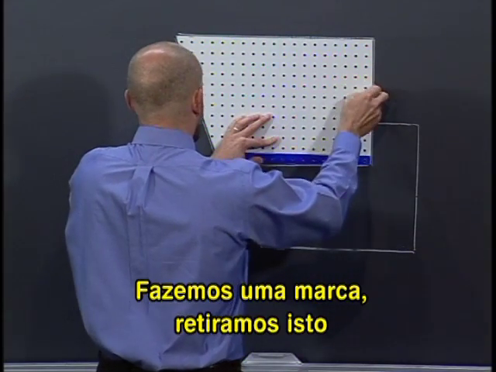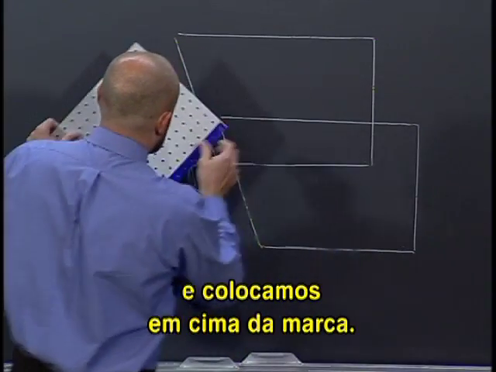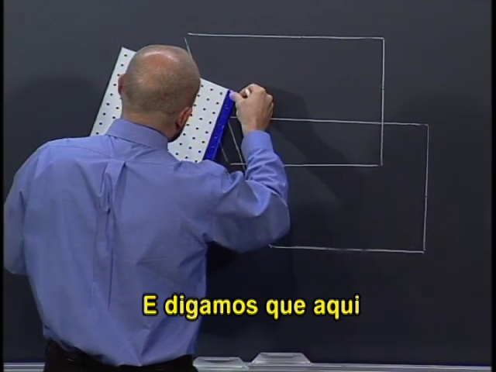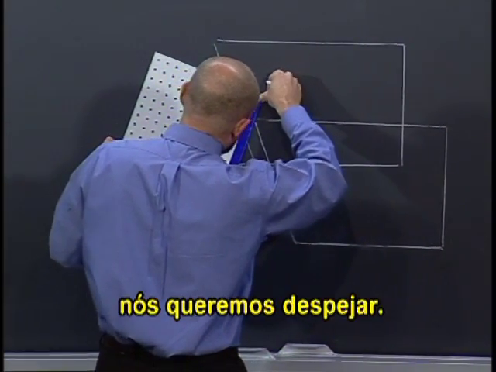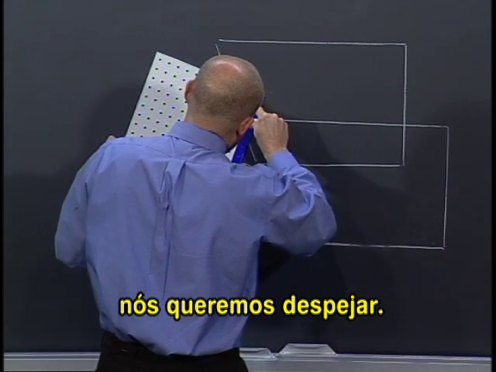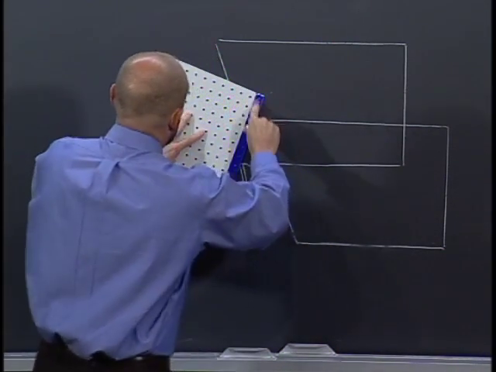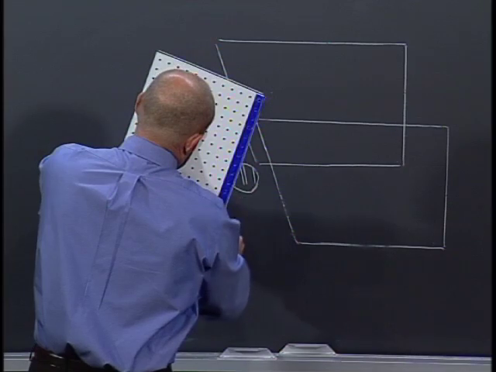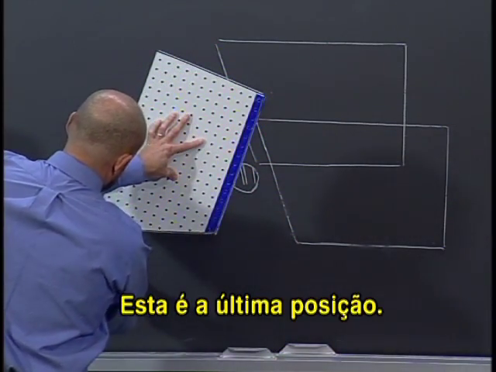Make a mark, lift this up, move it over to that mark, and also let's say that what we want it to do at that point is to dump out. So that's our last position.